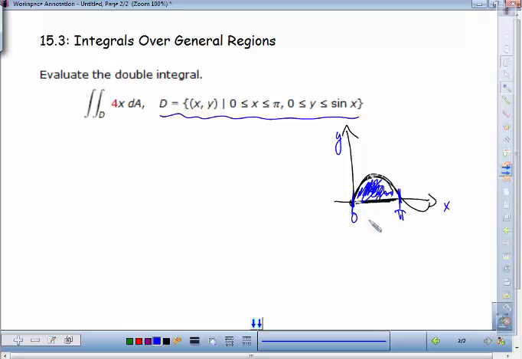And so what you're going to do for this first example is that, you know those slices of bread that we were talking about? We're going to get a slice of bread going vertically, looking at it from the top. And so when you slice it that way, you're going to hold x fixed.